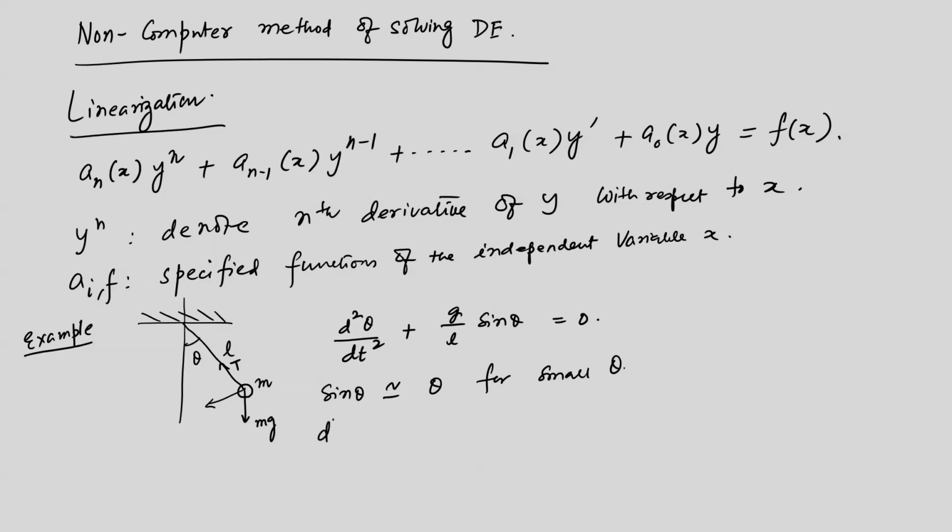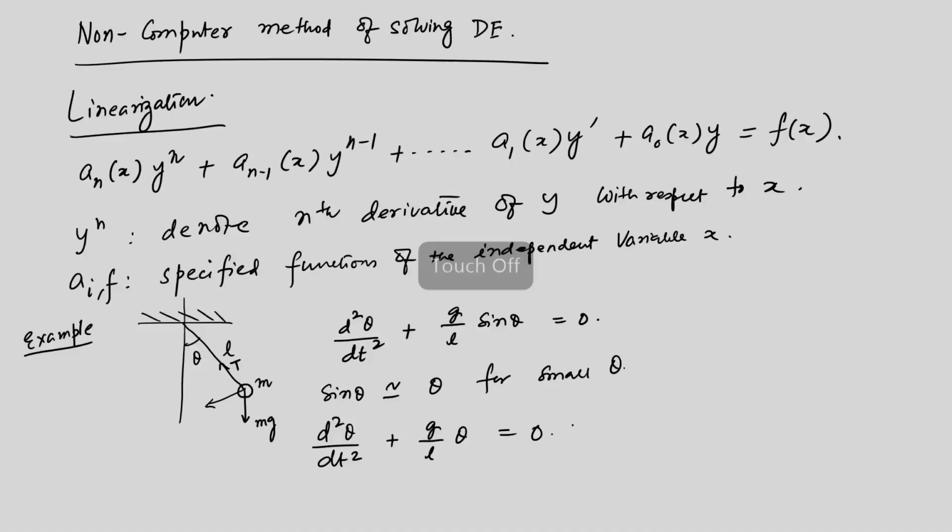If that is the simplification that we are allowed to have, then we write it as theta. Now, of course, it becomes a linear equation. So, this is a linearization, a linear DE.